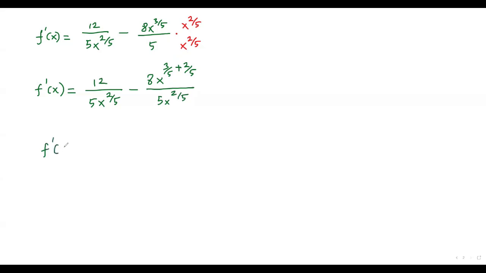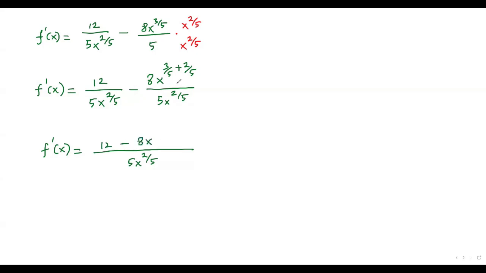Now f prime of x equals, for both fractions we have the same denominator, so we can take 5 times x to the power of 2 over 5 as a common denominator. The numerator of the first fraction is 12, and whatever sign we have between the two fractions should be taken as it is.